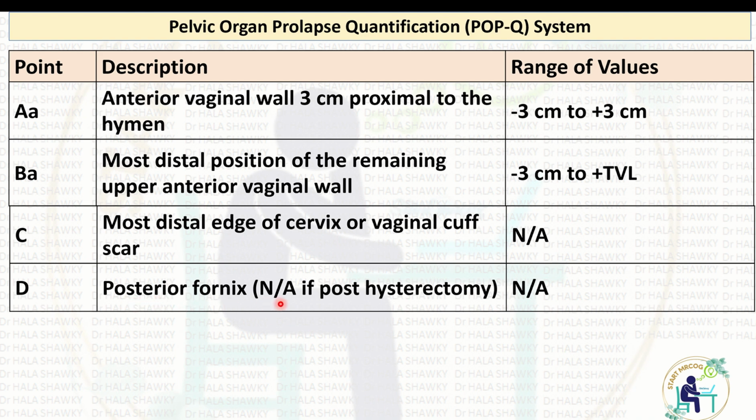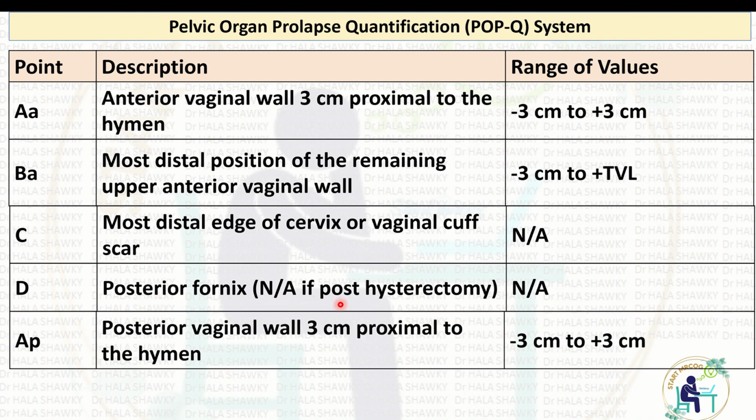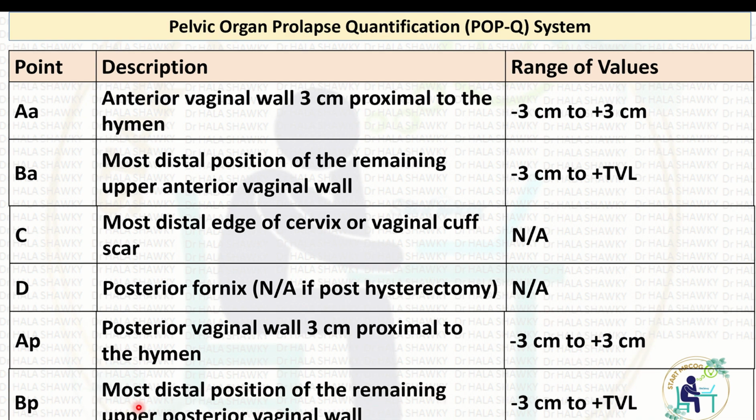Point D, posterior fornix, and not applicable if post-hysterectomy. Point A posterior, posterior vaginal wall 3 cm proximal to the hymen, range of movement between -3 to +3 cm. And BB, which is the most distal position of the remaining upper posterior vaginal wall, and range of movement position between -3 cm to plus total vaginal length.